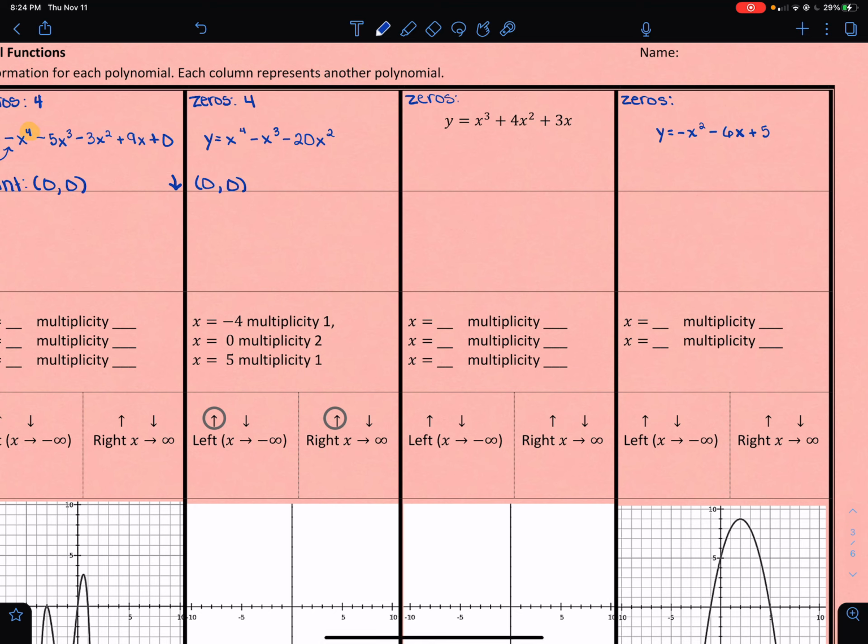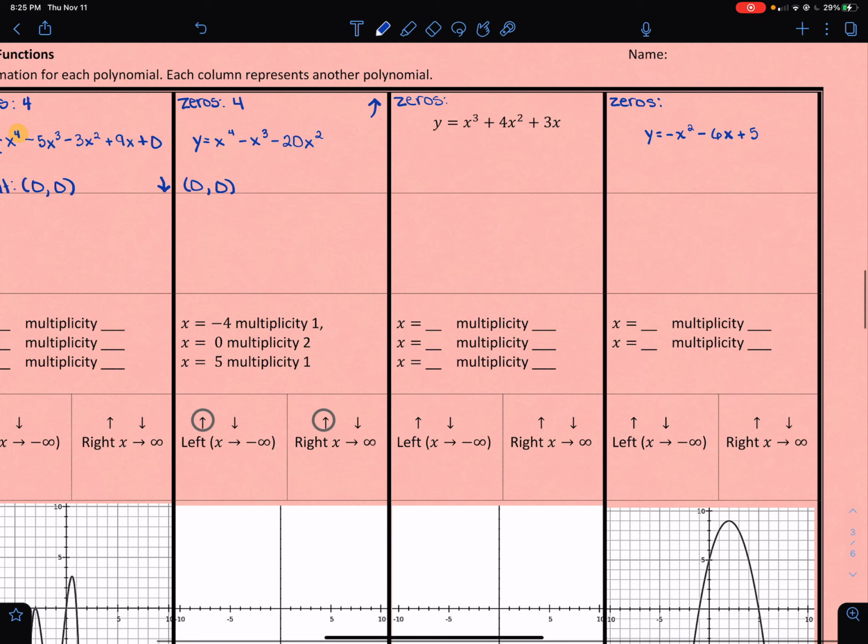And since a is positive, the right side of the graph is going to point up. Okay. All right. On the third equation here, the highest degree is 3. So the number of zeros I will have is 3. The y-intercept, there is not a constant term, so it must be 0. And the a value is positive, so the right side will open up.